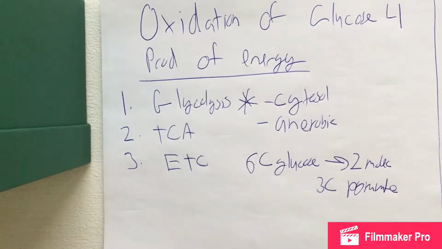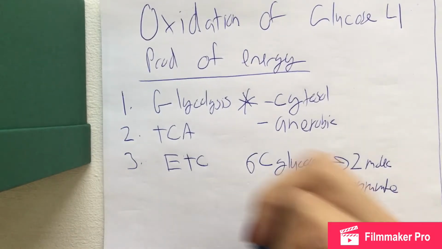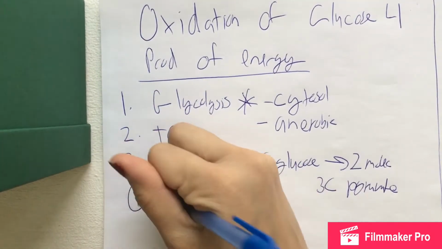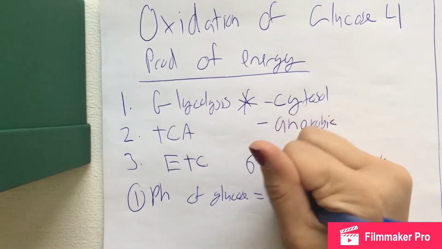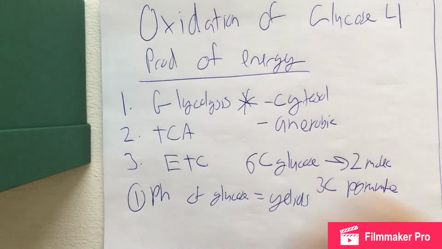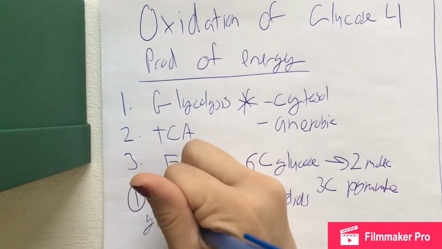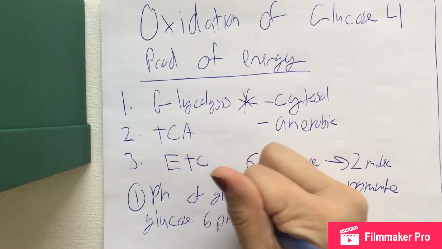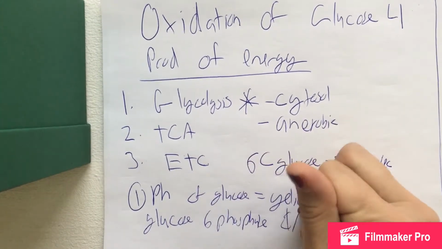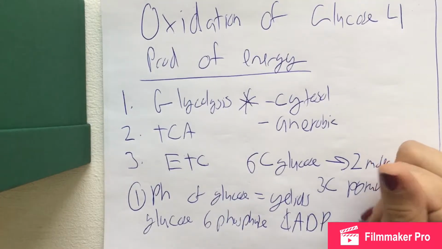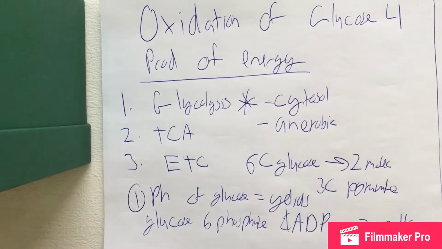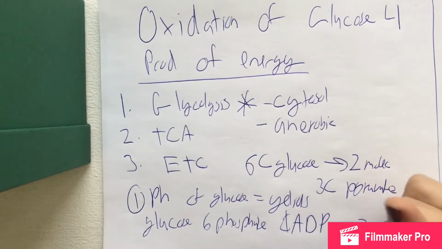What first takes place is the phosphorylation of glucose, and this yields glucose 6-phosphate and ADP. After that, the ATP fuel is stored in the cells, and several enzyme-driven reactions will end result in pyruvate.